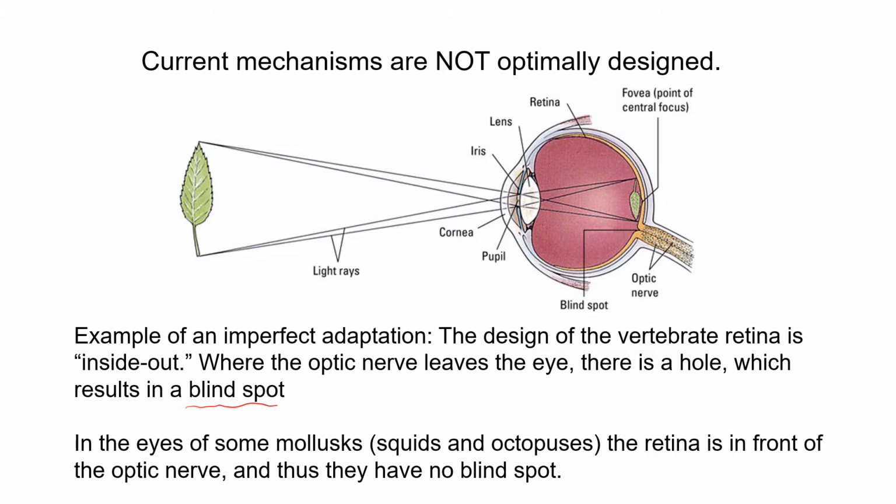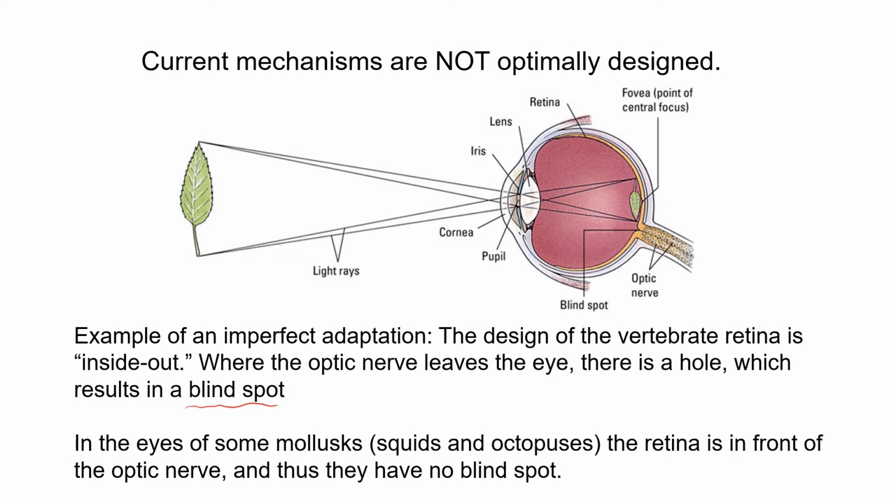However, in the eyes of some mollusks like squids and octopus, or octopi, octopuses, both are technically correct, what you find is that the retina is in front of the optic nerve and they don't have a blind spot. So when the eye evolved in these mollusks, it evolved without this blind spot present. And because it hasn't been detrimental enough to be selected against in vertebrates, plus a better thing hasn't come along, you find that it stays in vertebrates.